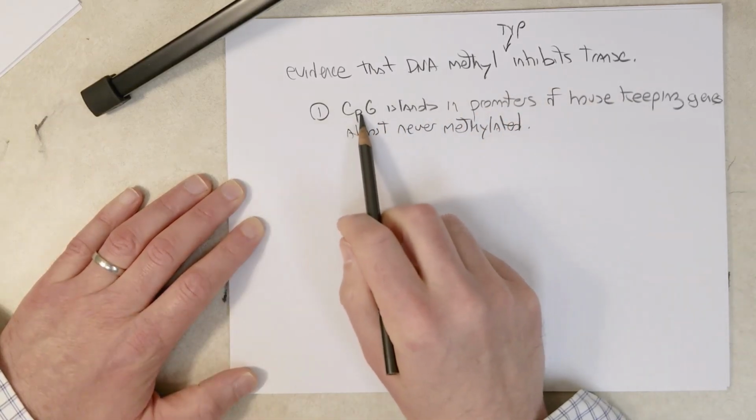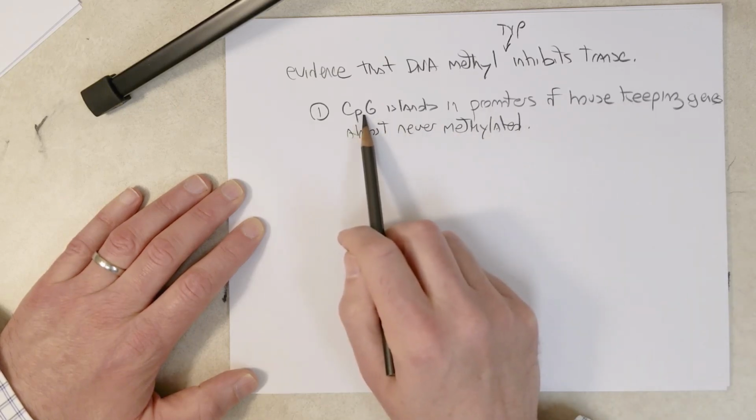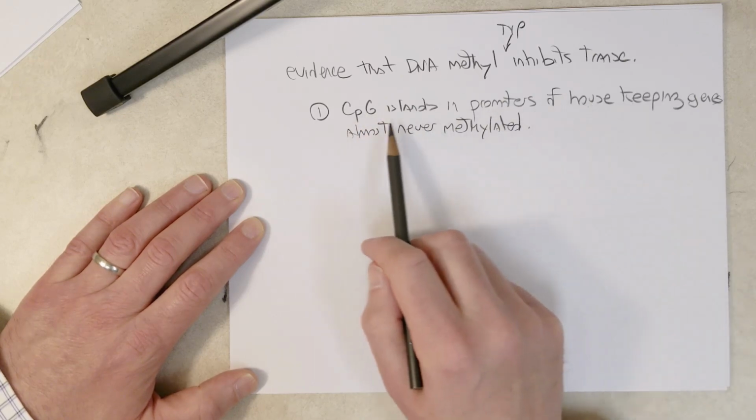So that means that these genes are always transcribed and these are almost never methylated. So it suggests that if they were methylated, maybe these couldn't be transcribed.